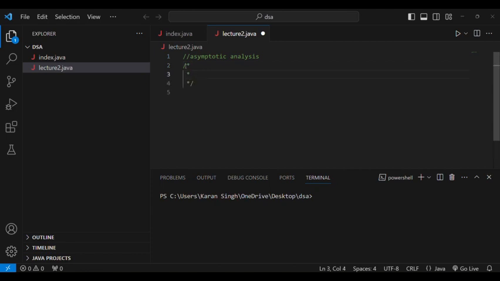And the three types I declared earlier are: first, big O notation; second, omega notation; and third, theta notation.